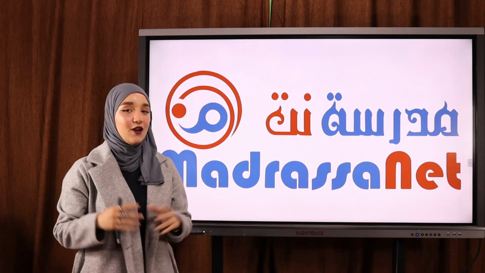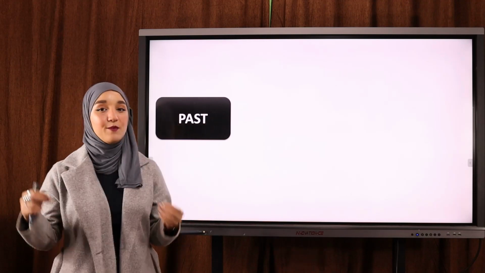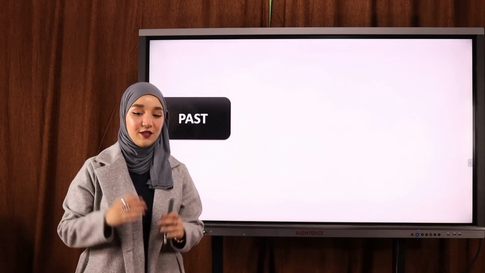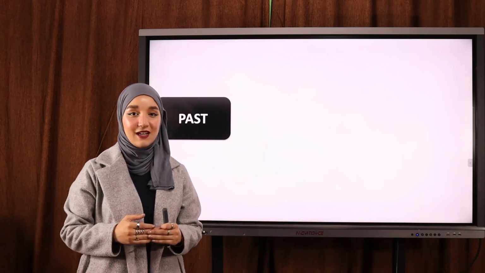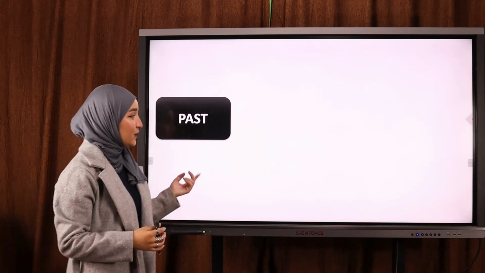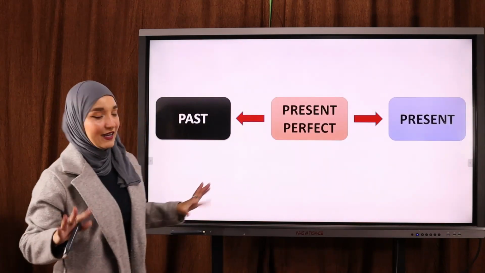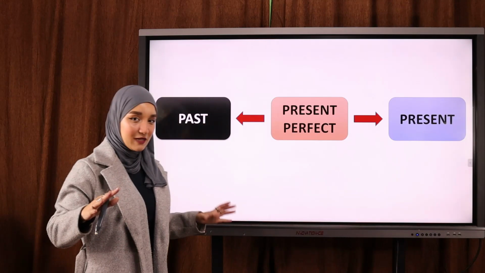So today, we're talking about the perfect tense. So the perfect tense is المضارع أو الماضي التام, okay? Perfect. So before I start, I have this timeline, like سلم زمني, all right?